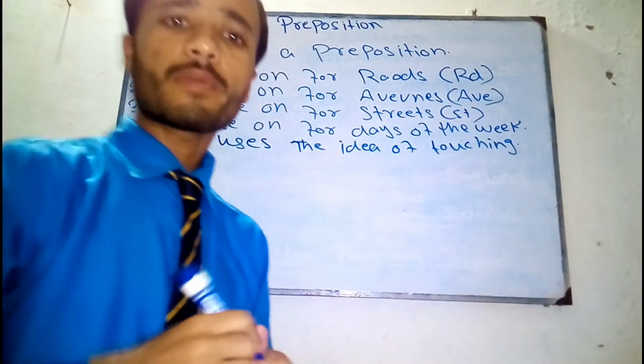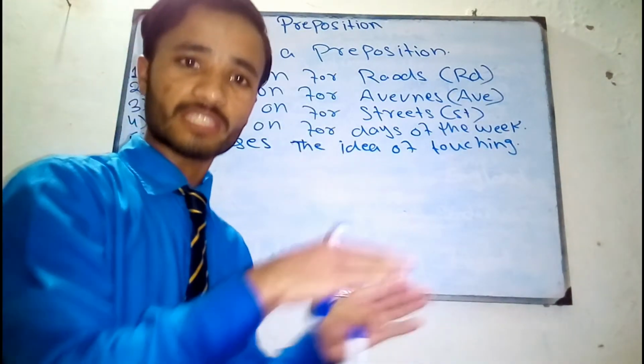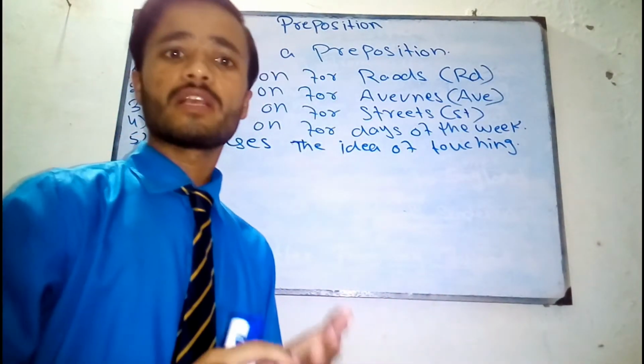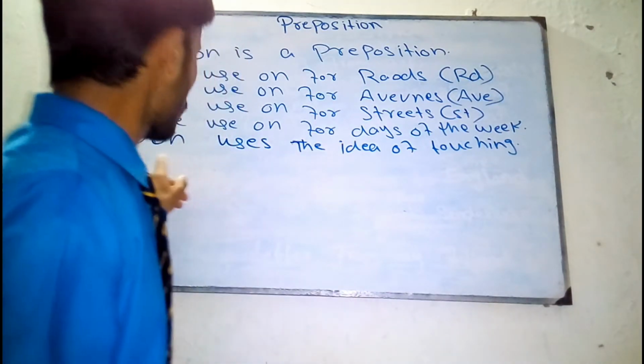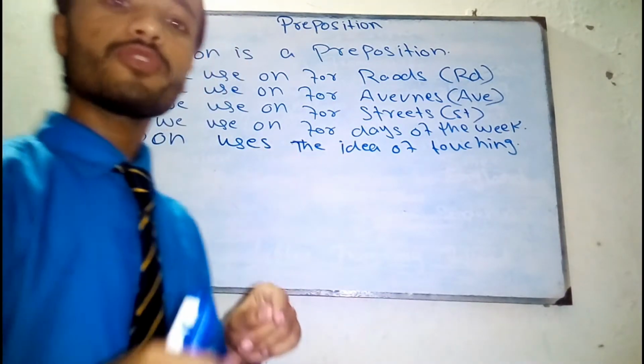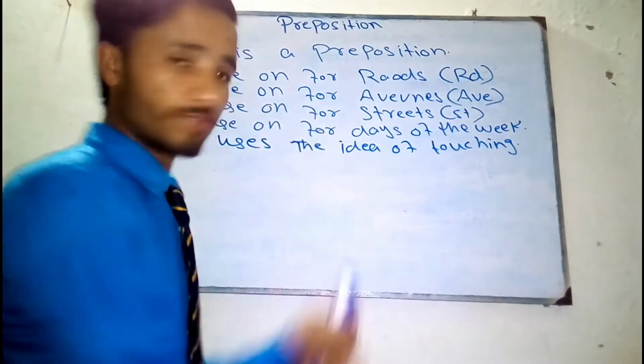Whenever we are talking about something that is kept on something, like a table or desk, and that is touched, then we use "on". Is this clear?